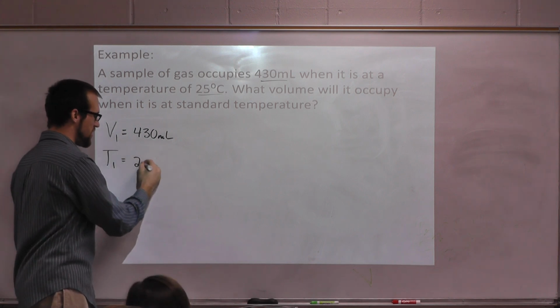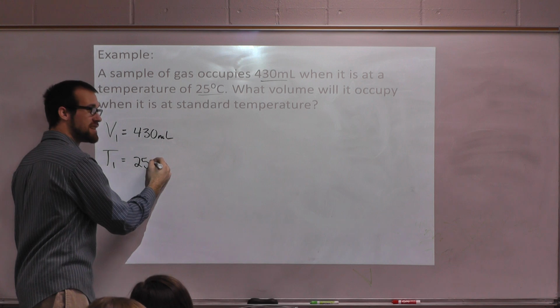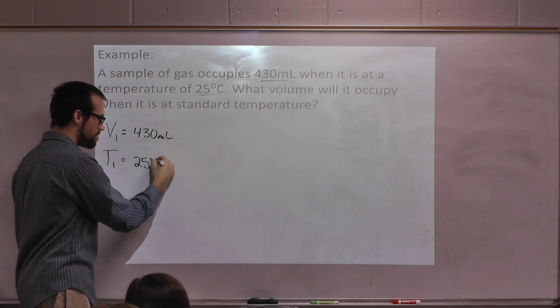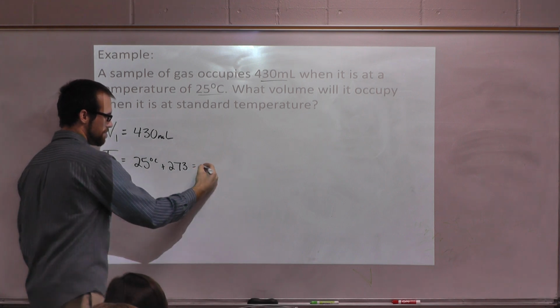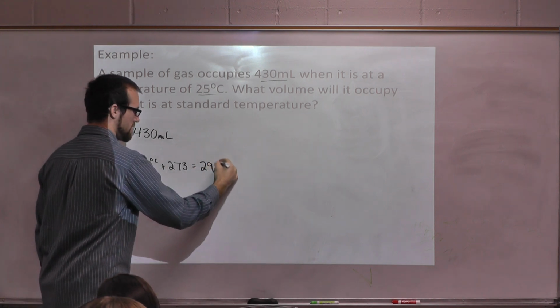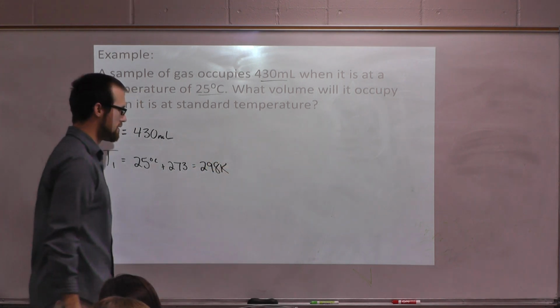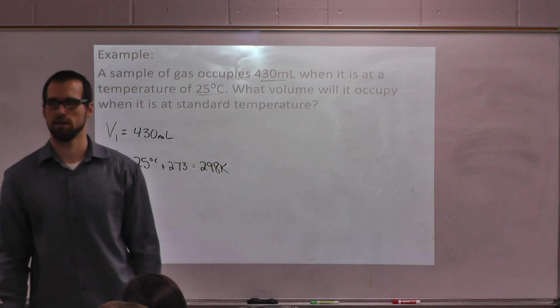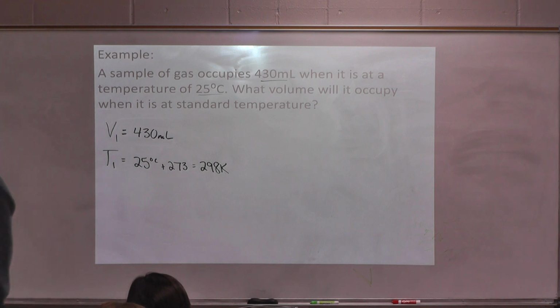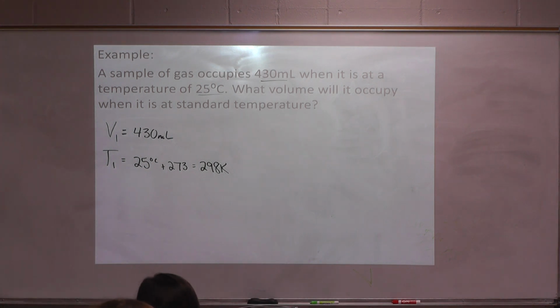How do I convert Celsius to Kelvin? Celsius plus 273. We're going to leave out the 0.15. Not exact, but if we did everything exact in chemistry, it would take us infinitely longer.